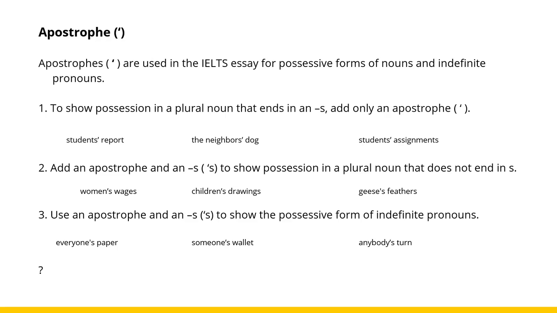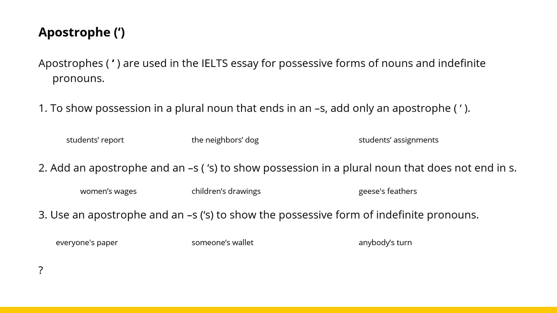Students' report, you say students in the plural form, and we only add the apostrophe. The next ones, the neighbors' dog and students' assignments. As you see, neighbors, students, all of them are in the plural form. That's why we only add an apostrophe.